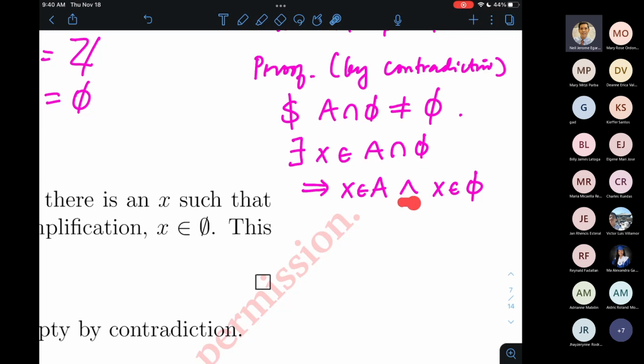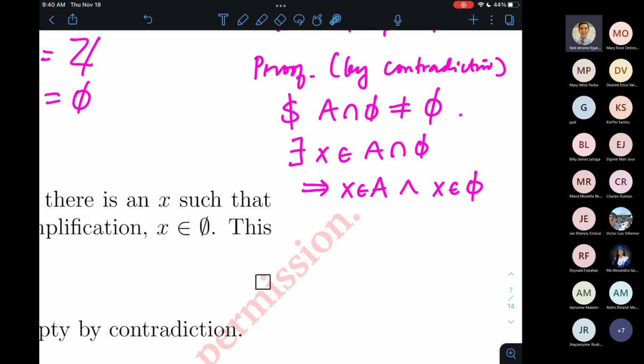Yung and, ginagamit natin siya kapag proposition, yung nasa kaliwa niya, at proposition din, yung nasa kanan niya. So pag ginawa niyo itong intersection, it doesn't make any sense because the intersection requires two sets to be involved. Pero propositions yung meron tayo. So pag ganito yung ginawa niyo sa proof, medyo ma-minusan ko kayo ng konti.